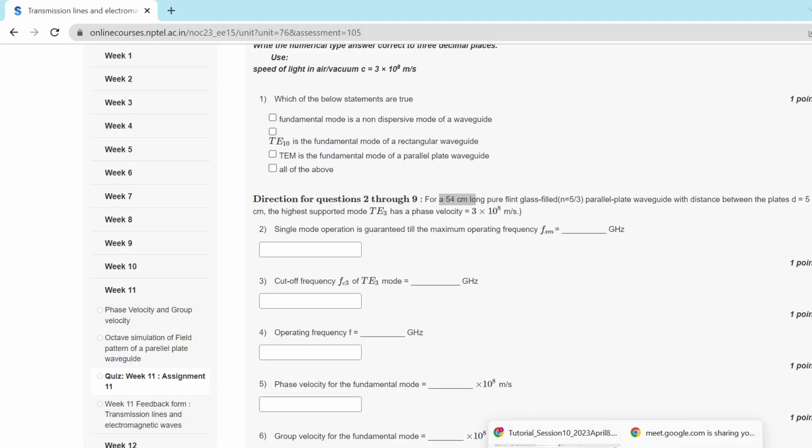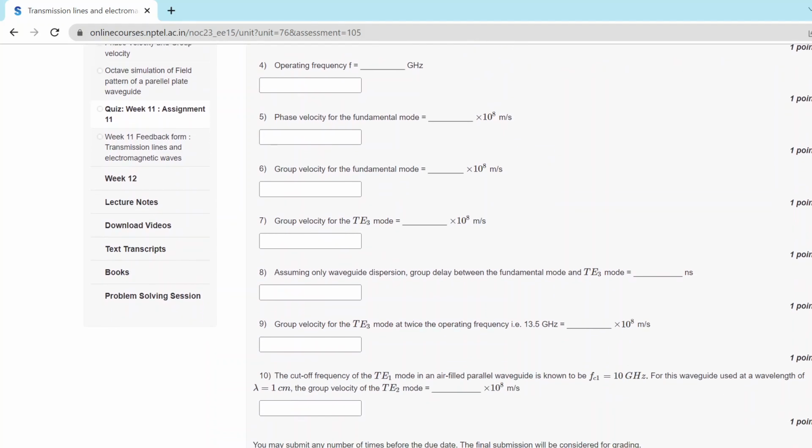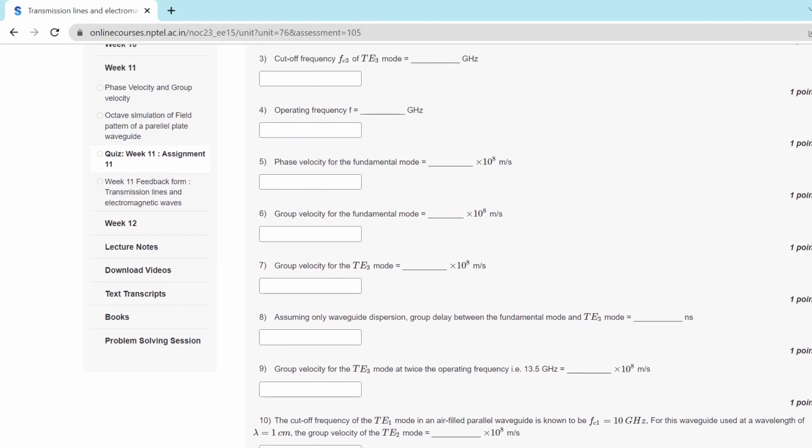Based on the velocity, velocity is equal to distance by time. So this velocity should be the group velocity. So group velocity is equal to the length of the waveguide divided by the time delay. So time delay can be expressed as a ratio of length of the waveguide to the group velocity. Okay, so once you know Vg1 and Vg2, it is easy to find the time delay between these two.